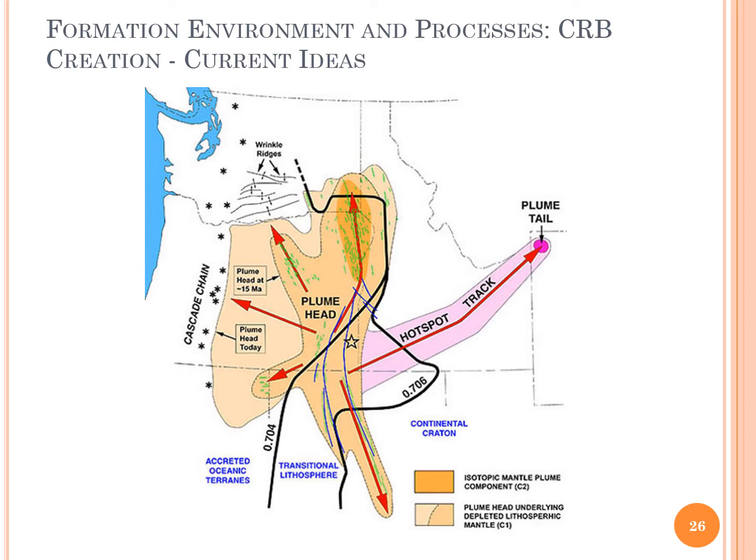This is a fairly recent map that talks about the plume head or the top of this magma body and its direction and motion relative to the top plate over time.